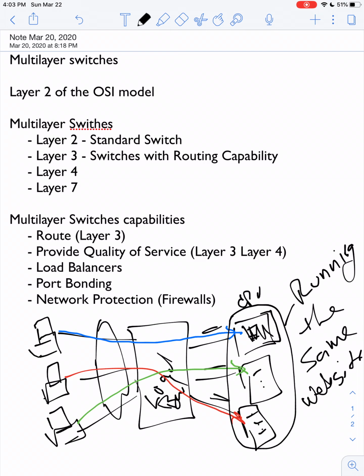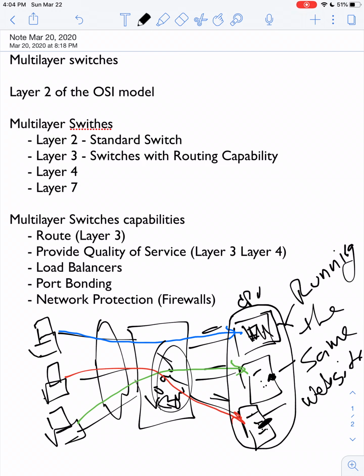This one might have a 2.1 gigahertz processor, and this one might have maybe an older 1.5 gig processor with very little cache. And this load balancer, because they're running basically the same website, is able to take these and share them.